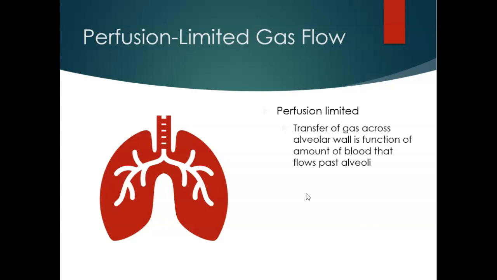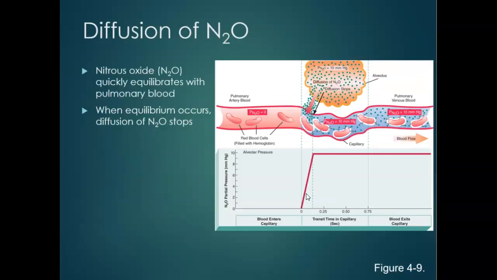If I don't have blood going to these alveoli, I could be ventilating amazingly, my alveoli can all be working well, I can have really normal AC thickness, but if I don't have blood flowing through those capillary beds, diffusion can't happen. And that's the concept behind perfusion limited.